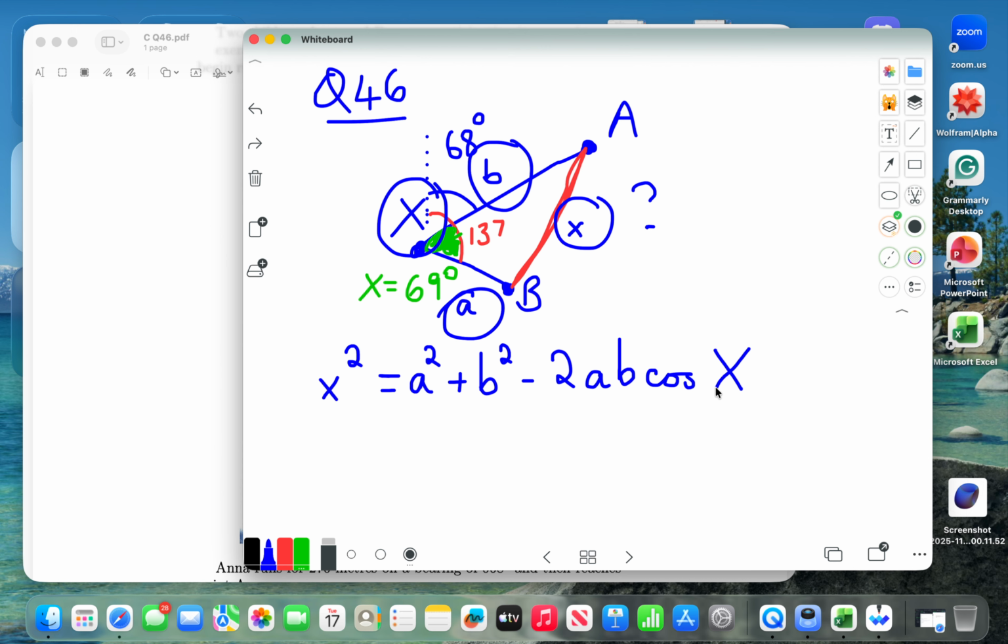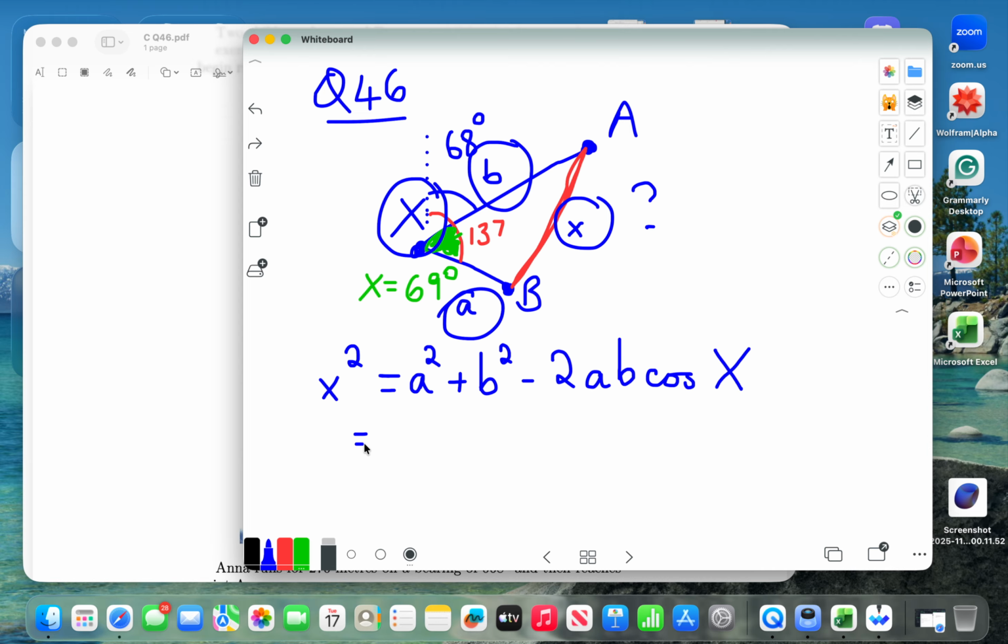So that is what we use, and we have to then find the side x. So you want to then substitute the numbers in.